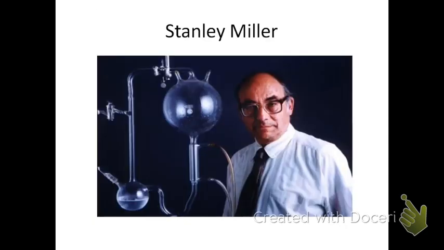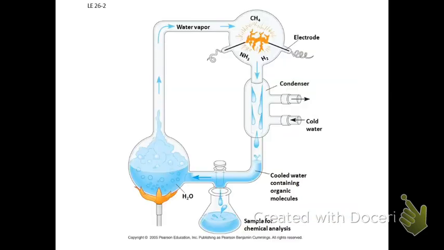Okay, Stanley Miller, let's look back at this again. This took place back in the early 50s, 1953. What he did was he took inorganic substances found in Earth's early atmosphere, such as water vapor, hydrogen, ammonia, and methane.